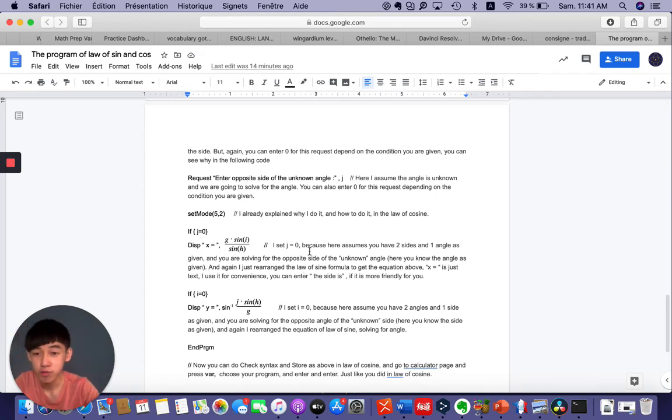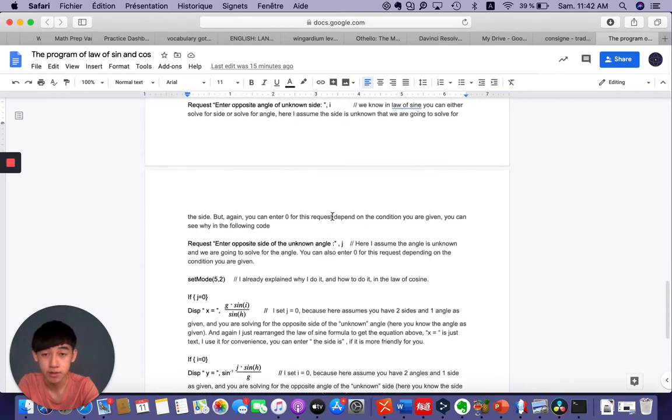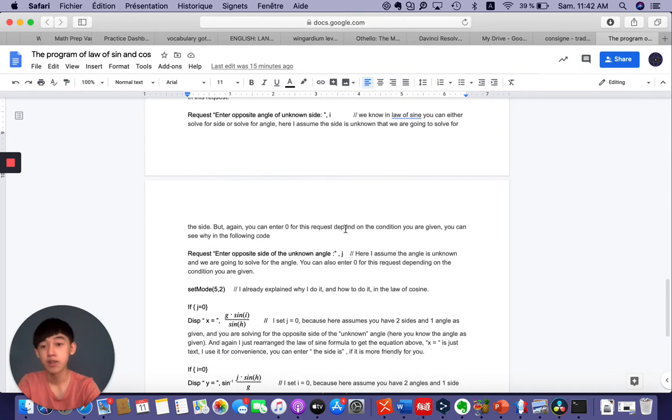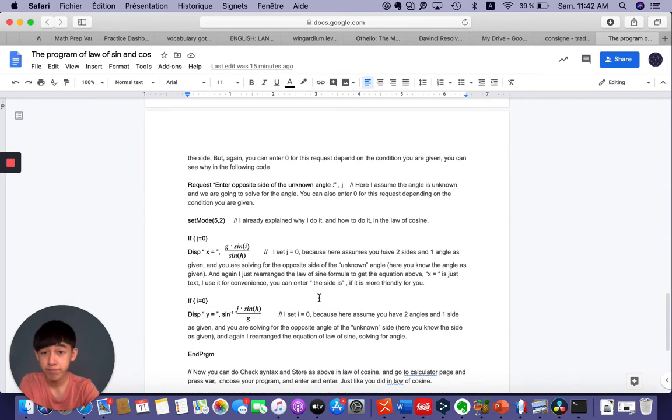Just remember this is for this case, and don't confuse yourself with the opposite side of the unknown angle, because the wording here is not very clear, but it will be enough.